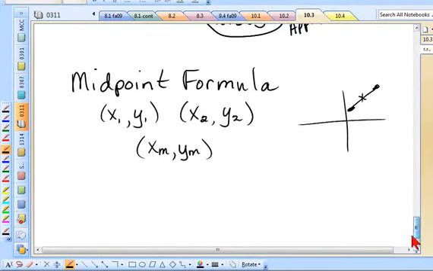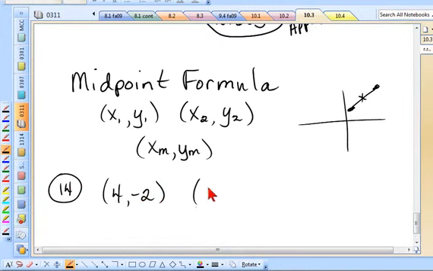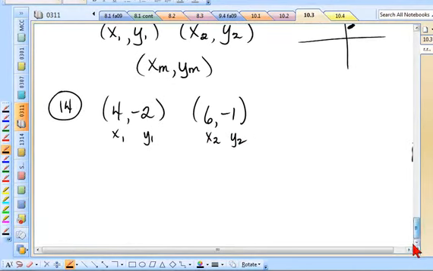All right, let's look at problem number 14. You are given the point 4, -2, and the point 6, -1. I'm going to call this x1, y1. I'm going to call this x2, y2. I'm supposed to find the midpoint.